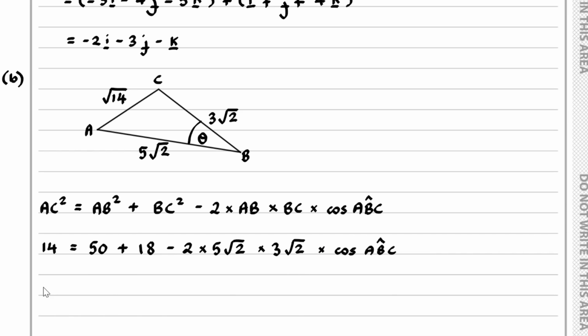And so with simple rearranging, the cosine of ABC, that's equal to 50 plus 18 minus 14 divided by 2 times by 5 root 2 times by 3 root 2.